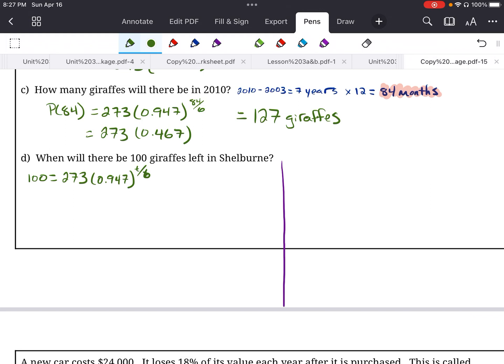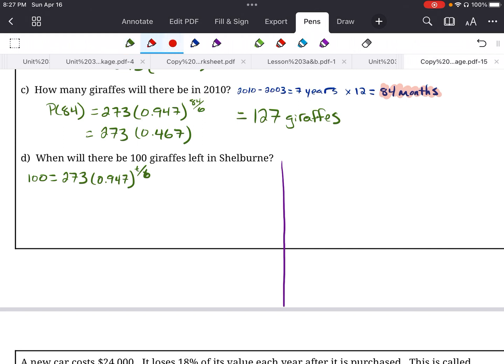So if we try not 14 years, but let's say 16 years, so 0.947 to the power 16 times 273, we get 114, so we're getting close.